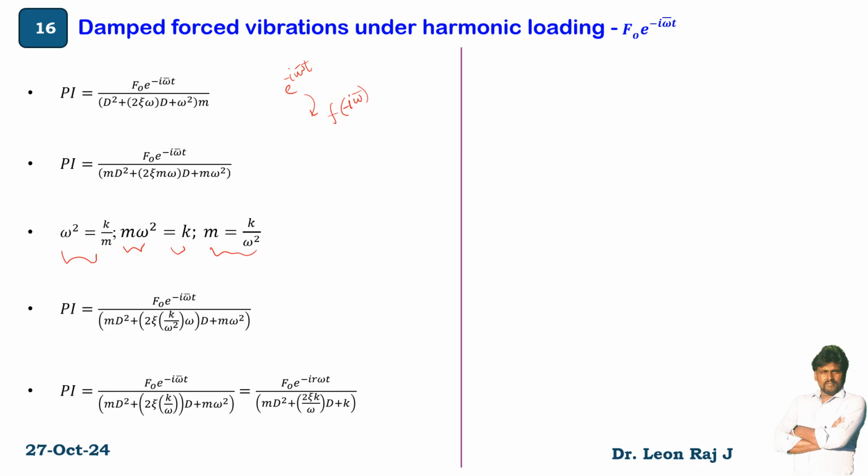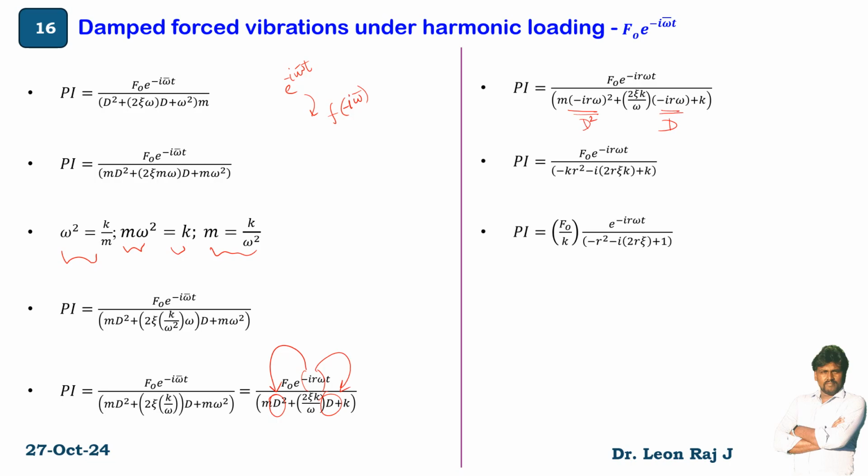So m into d square plus 2 xi k divided by omega d plus k. These two terms, d square and d, should be replaced with minus ir omega. So this term should be replaced with minus ir omega, and this term should be replaced with minus ir omega. This is the d square term and this is the d term. So again you get the expression e power minus ir omega t divided by minus r square.